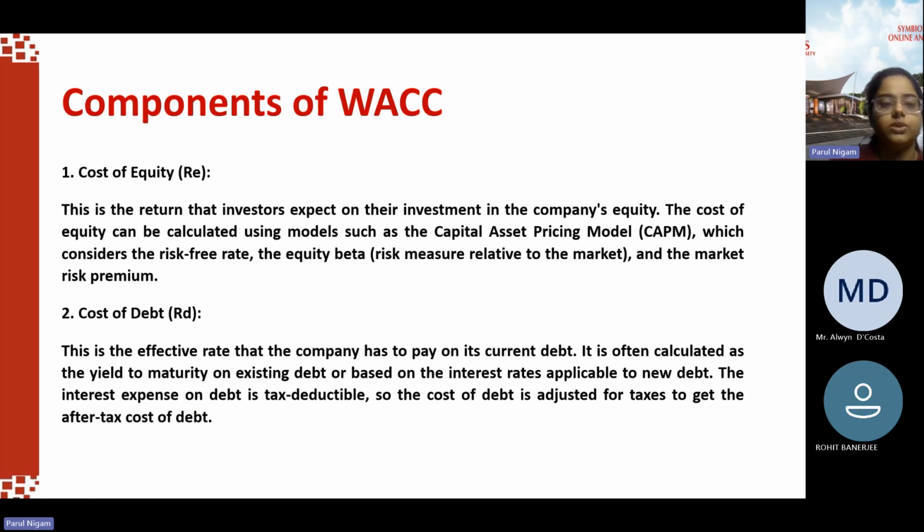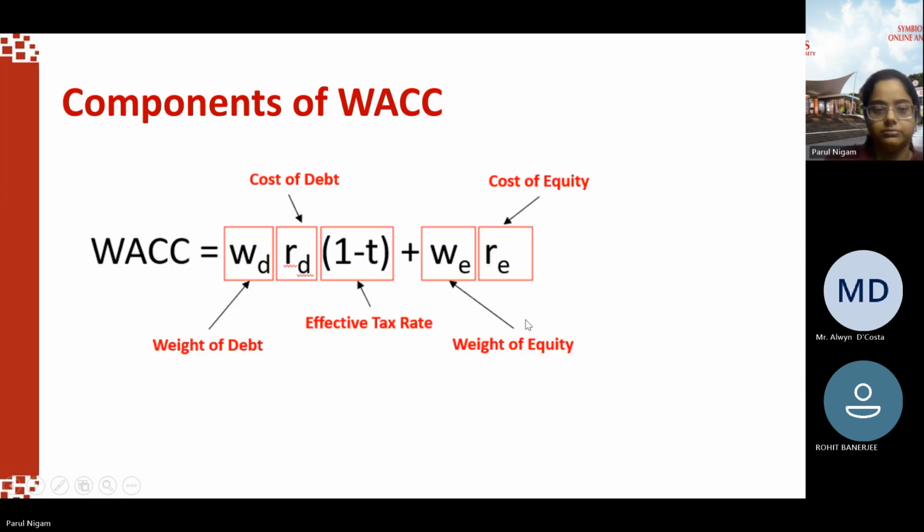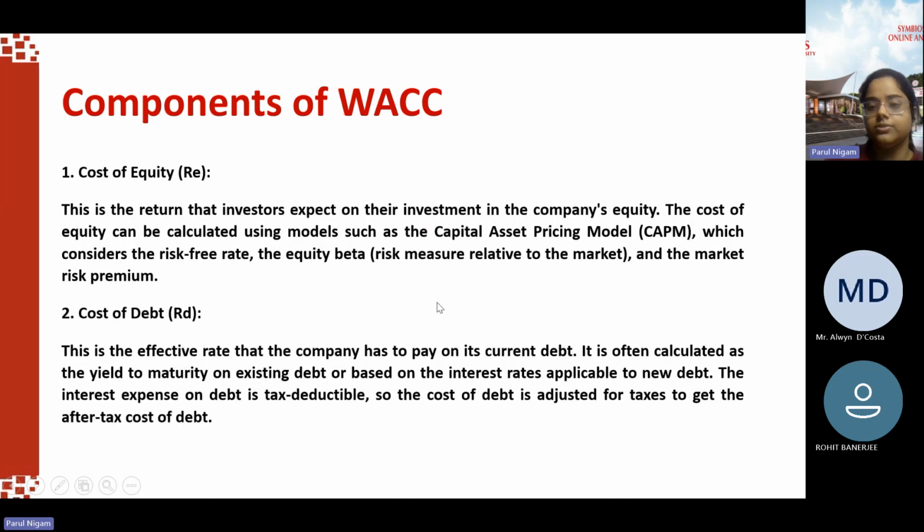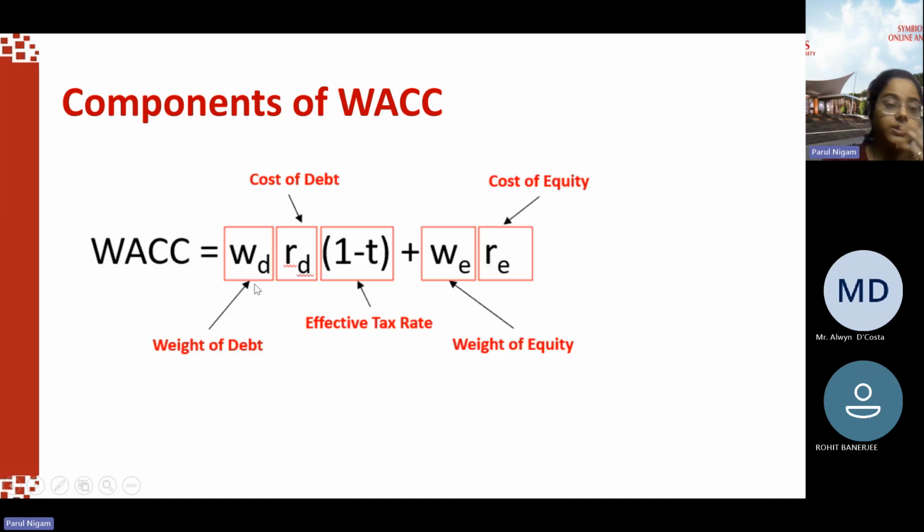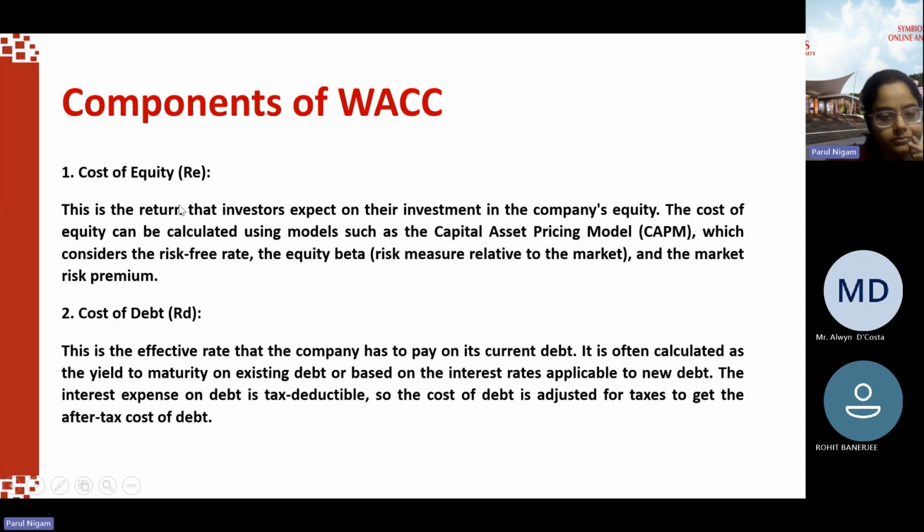It can be calculated using models such as the CAPM, the capital asset pricing model, which considers the risk-free rate, the equity beta, and the market risk premium, which is this formula. Don't worry, we are going to solve questions based on this equation in the next session.